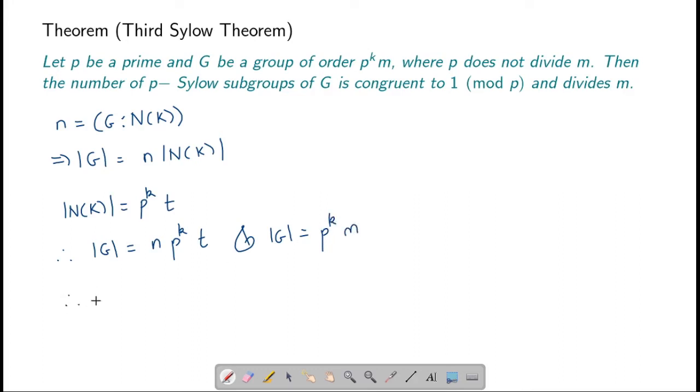Looking at both of these, n times t is equal to m, and since n times t is equal to m, we have n divides m. So this completes the proof of the third Sylow theorem.